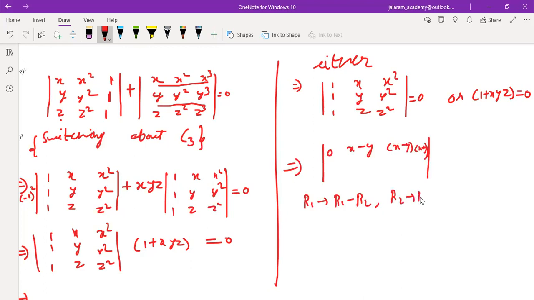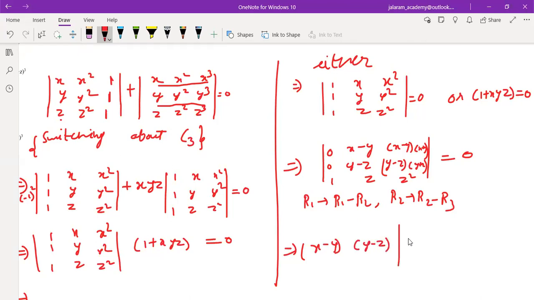R2 operated as R2 minus R3. So again 1 minus 1, 0. y minus z, and y square minus z square is y minus z into y plus z, then 1, z, z square equals to 0. It implies from the first row x minus y is common, from the second row y minus z is common. So 0, 1, x plus y; 0, 1, y plus z; 1, z, z square equals to 0.